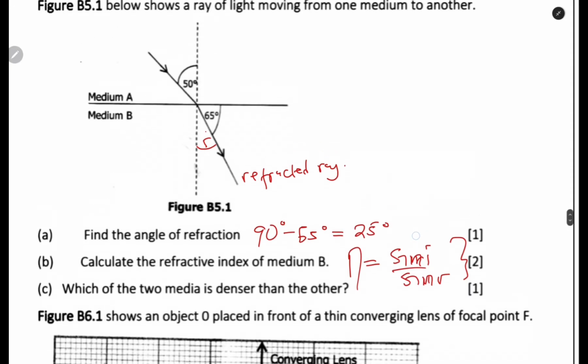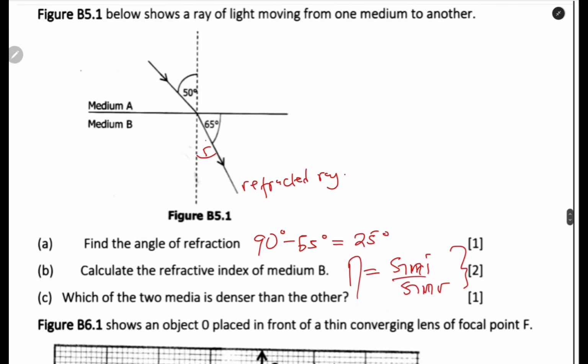Which of the two media is denser than the other? For you to know which one is denser, you need to know two scenarios. When the ray of light is moving from a less dense medium to a denser medium, it is refracted toward the normal. So if we look at this ray, it was supposed to come out in a straight path, but it has followed the normal.